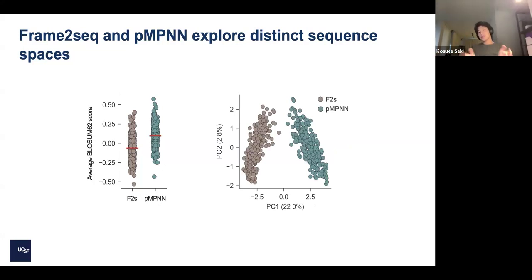And if you look at the sequences and do a principal component analysis, you can see that frame-to-seq sequences and protein MPNN sequences are very distinct from each other. So again, this shows that frame-to-seq and protein MPNN explore very different sequence spaces and design unique sequence solutions to the problem of, given a structure, design a sequence that folds into that structure. And so the use of both models is important for our work.